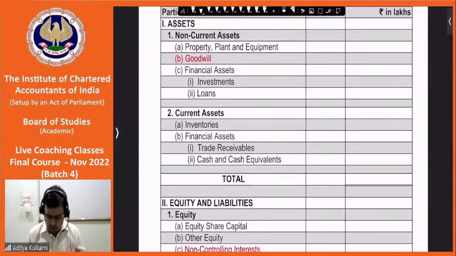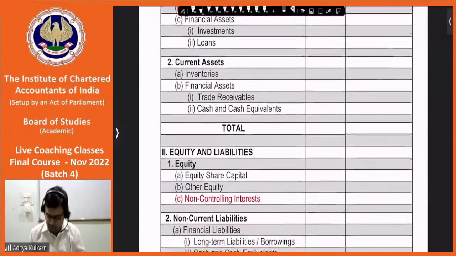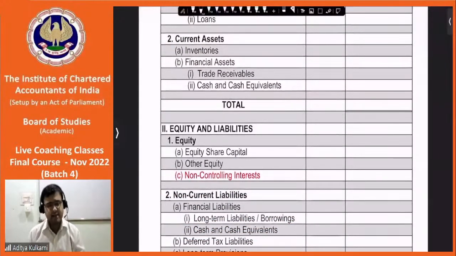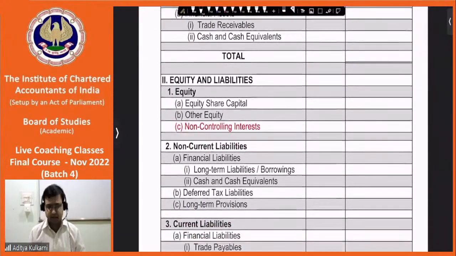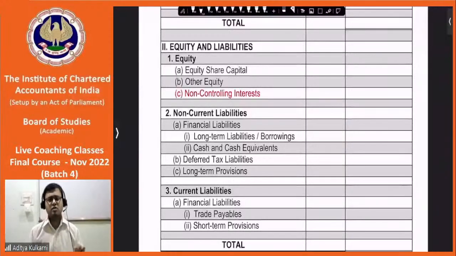You can have property, plant, equipment, goodwill, investment, loans, inventories, trade receivables, cash and cash equivalents. You can see NCI is shown as a part of equity under other equity. You have the remaining non-current liabilities and current liabilities. So this is your balance sheet in Schedule 3 format already prepared.